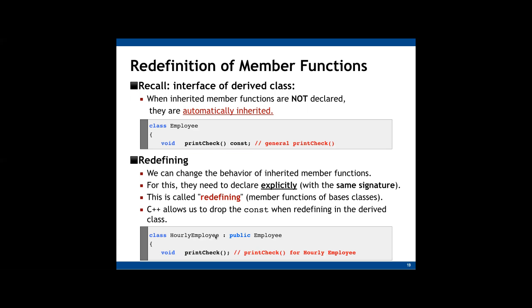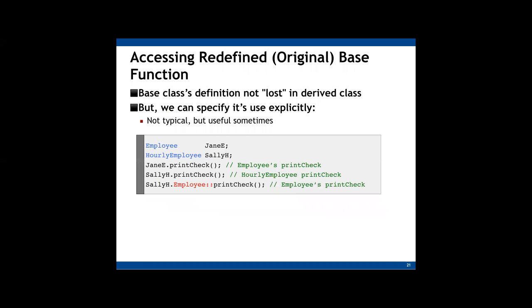So even though hourly employee inherits the employee class, because it redefined print check, when you call print check using an hourly employee class object, the redefined function will be invoked. So the hourly employee print check member function will be invoked in this line. But because JE is of the employee class type, the employee's print check member function will be called.